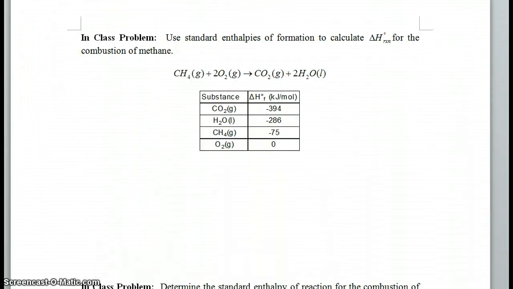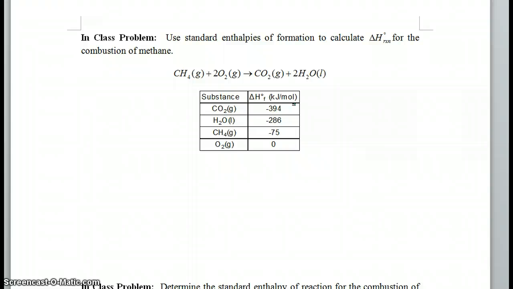So if you look at this in-class problem, you're given a reaction, you're given enthalpies of formation for each of the reactants and products. Okay, and so when you work this out, you should end up getting negative 891 kilojoules.